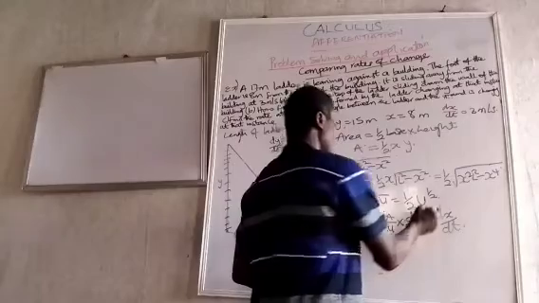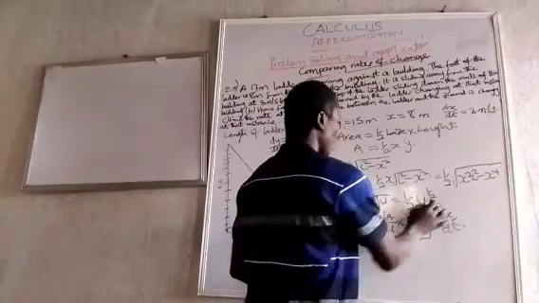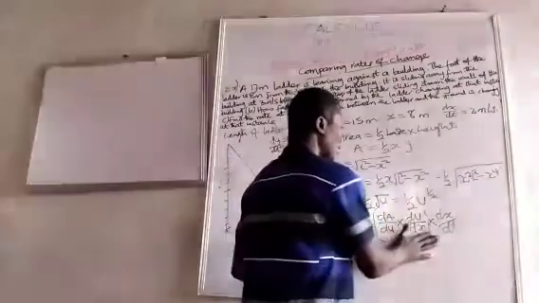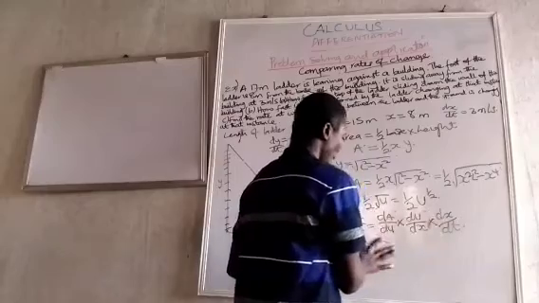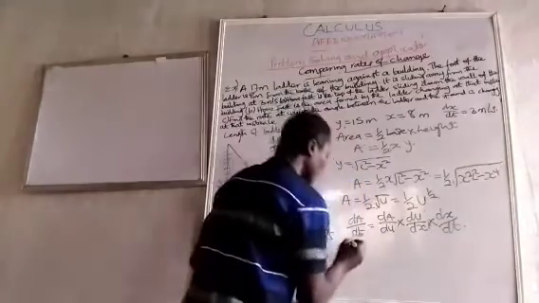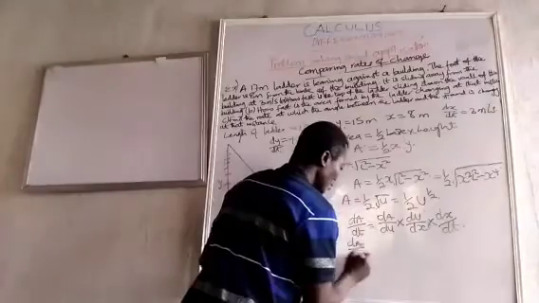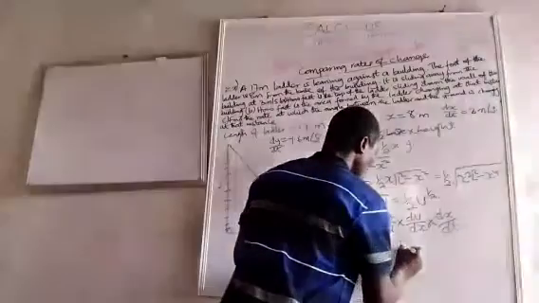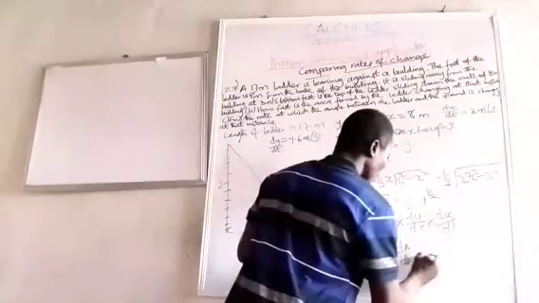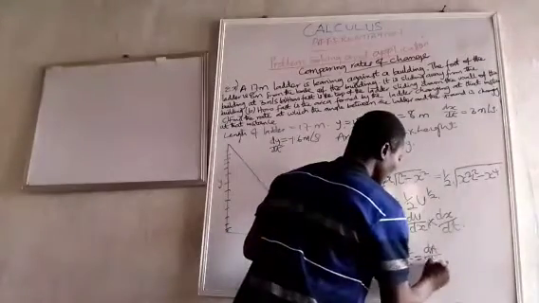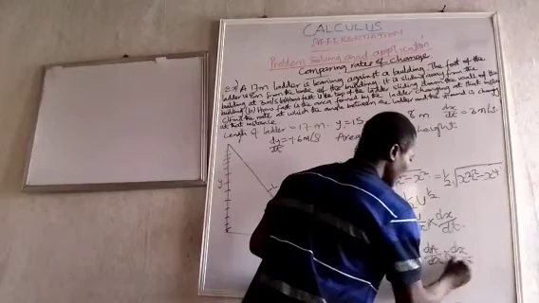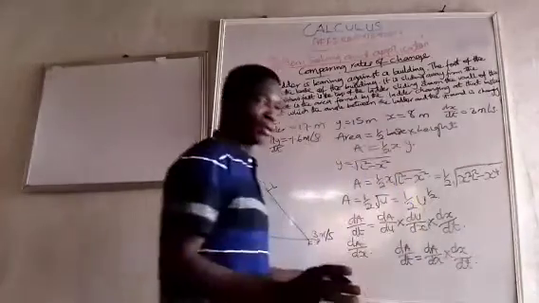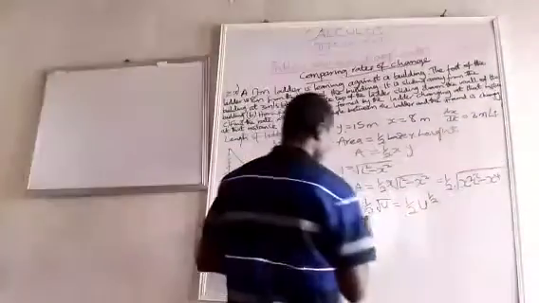You know what we did here now? Or you can first of all find dA dx, and after you have found dA dx, you then do dA dt equal to dA dx times dx dt. So either way you like, you can do it this way.